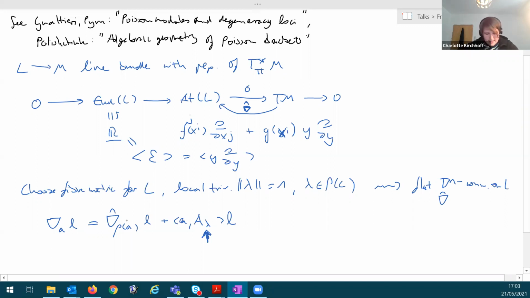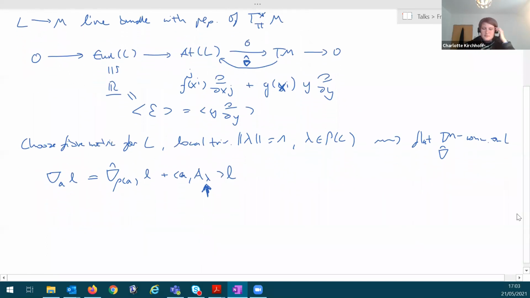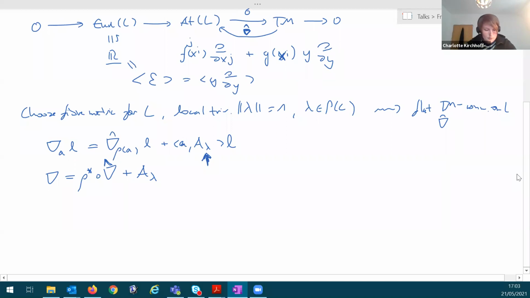And then for any other section of L, this is what the connection looks like. That is relatively easy to work out. So basically, the Lie algebroid connection is written in terms of the flat TM connection and the characteristic section. This is what I just did. This is all true for any Lie algebroid and any rank 1 representation.